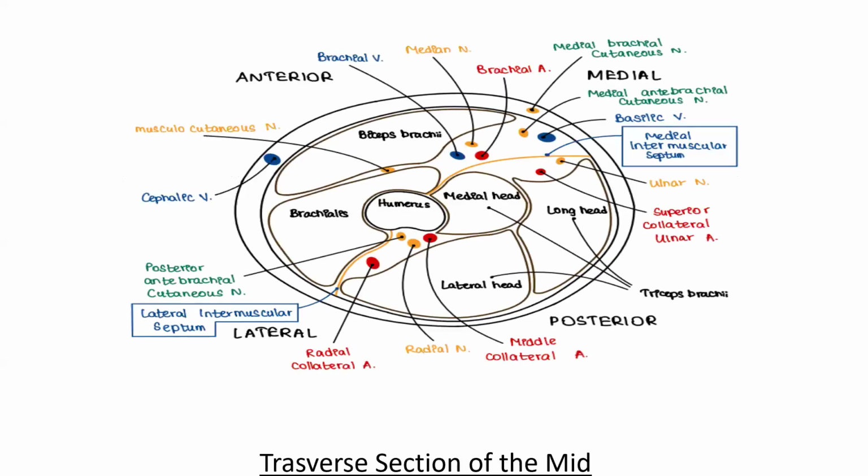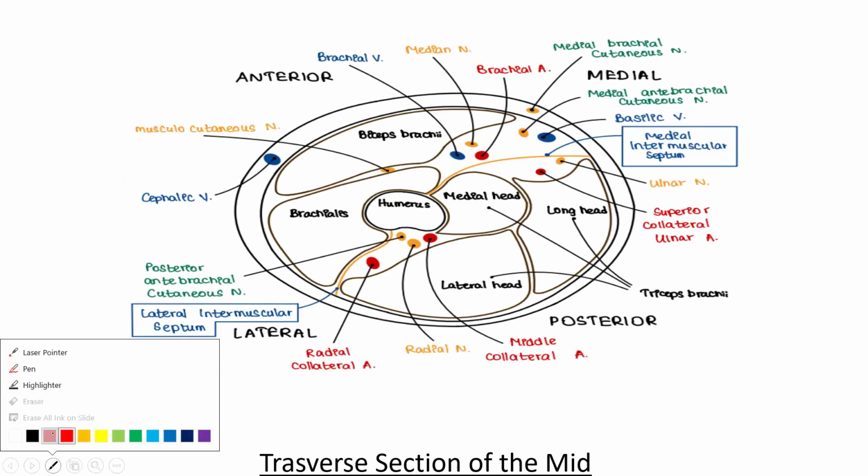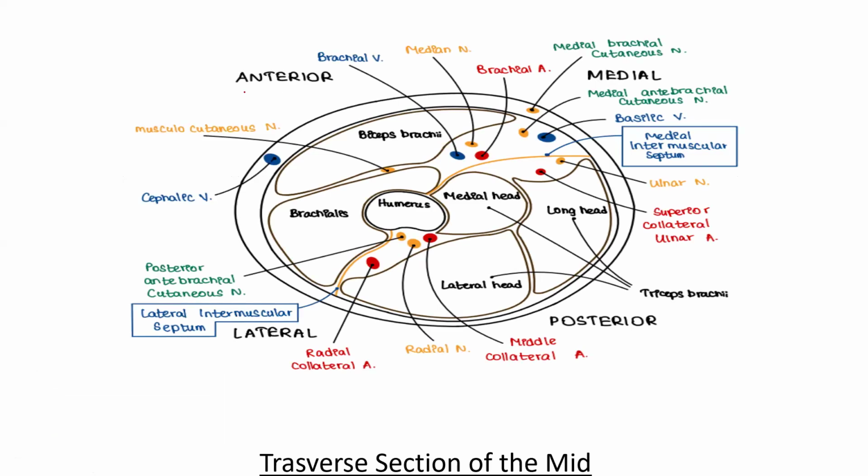So this is an example picture you have to draw. So like that. Here I have marked which is anterior and which is posterior. And this is medial and this is lateral. So like that we have to mark.